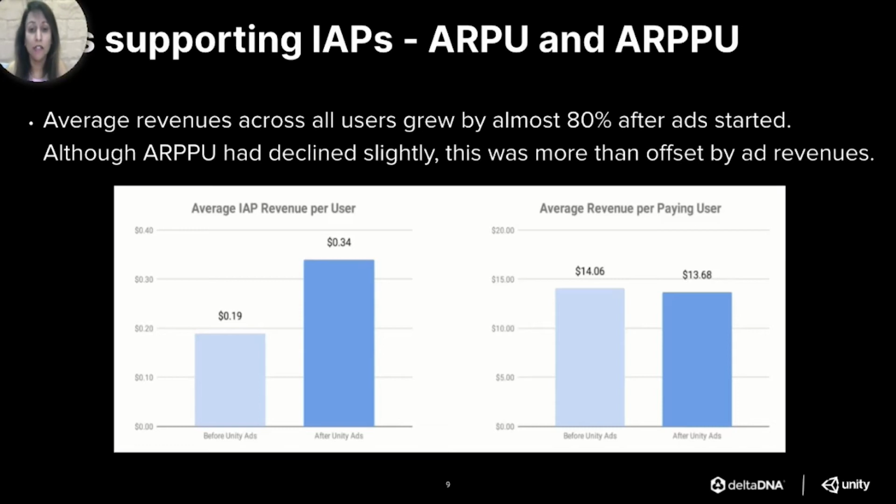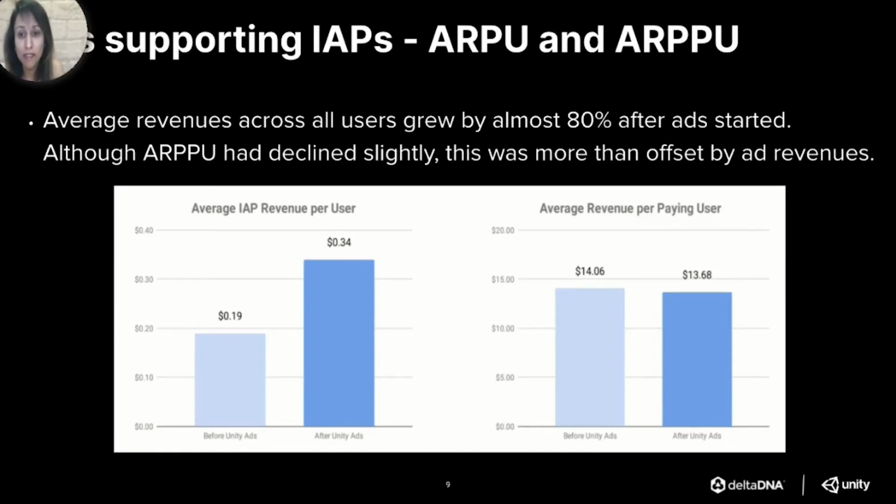This, I should say, is on a sample of games where previously there were no ads and then Unity Ads was selected as an ad partner, and our ad strategy was implemented in collaboration with our developer partners and our publisher operations team. So implementing an ad strategy in a game that previously did not have one improved the ARPU by 80%.